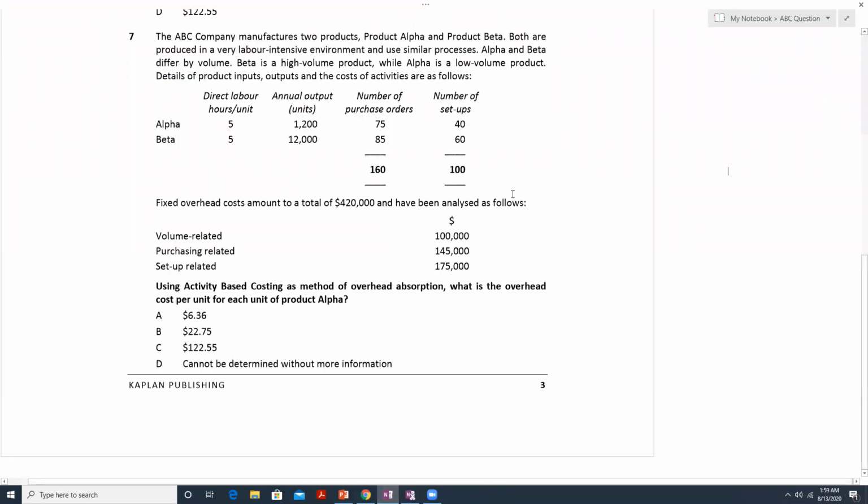Now here I have a question of activity-based costing. This question requires you to calculate the overhead on the basis of activity-based costing for each of the two products, alpha and beta.